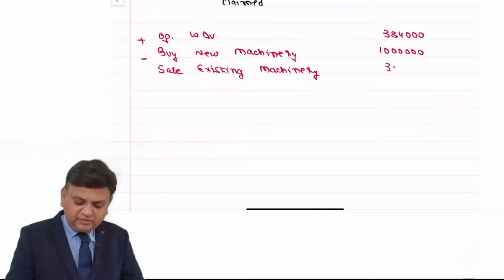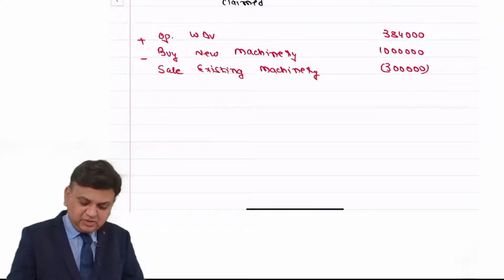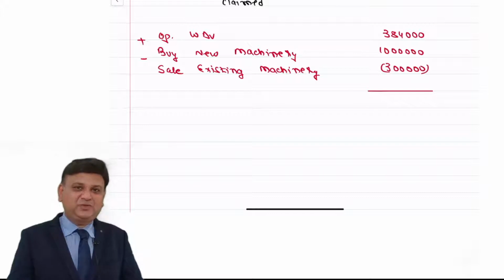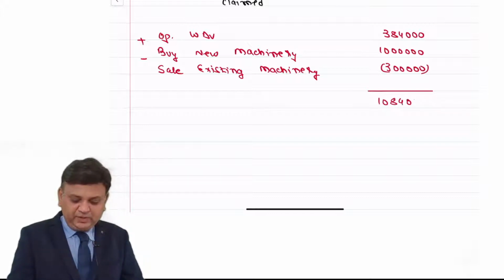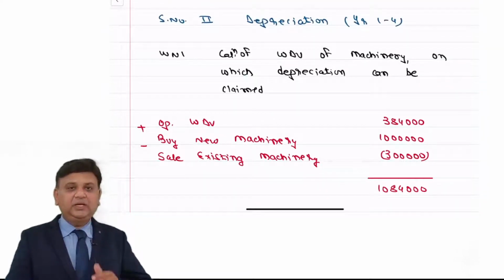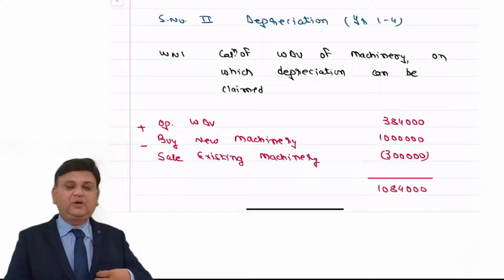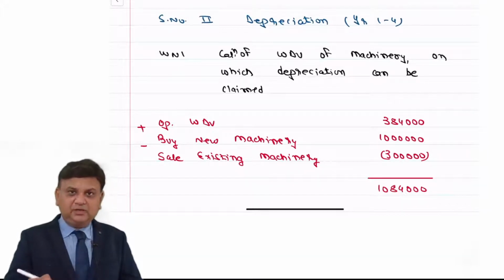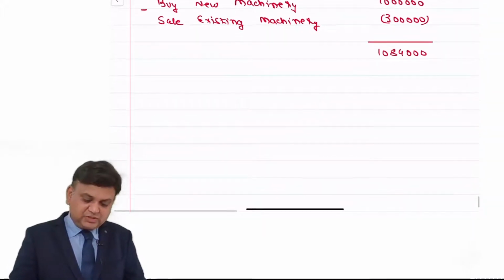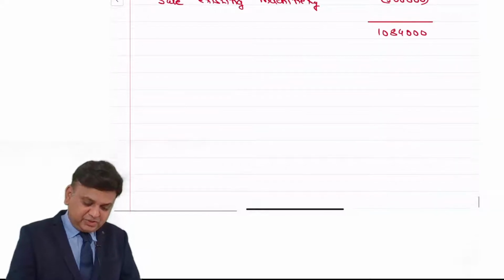So dear students, what will happen? As per the block of asset method of depreciation, we can claim depreciation on 10 lakh 84,000. Yes, we have to start with the opening WDV. During the year, if there is any purchase of machinery, that is added to the value of the block, and if there is any sale of machinery, it will be deducted from the block. So this is the amount on which you can claim depreciation.